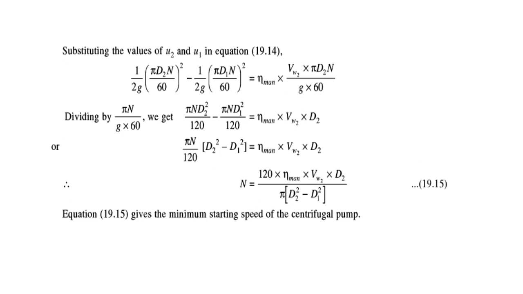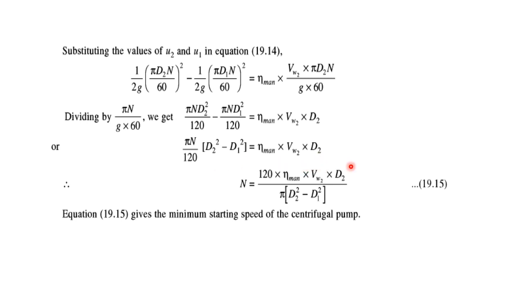Putting the values of u2 and u1 and simplifying this equation, and dividing by pi N upon g multiplied by 60, we get pi N d2 square upon 120 minus pi N d1 square upon 120 equals manometric efficiency multiplied by Vw2 multiplied by d2. So pi N upon 120 multiplied by d2 square minus d1 square equals manometric efficiency multiplied by Vw2 multiplied by d2.